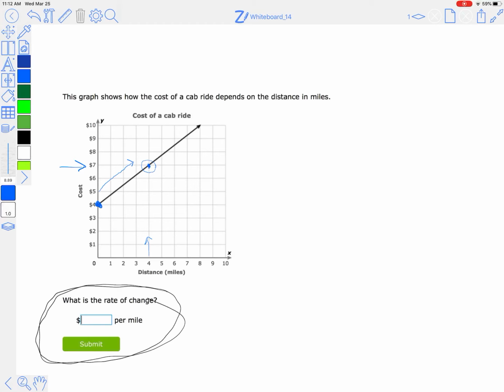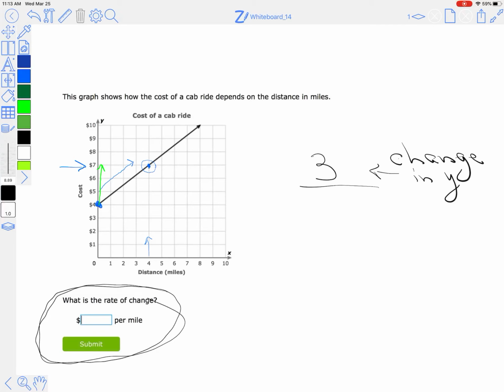Now I got to start to think about how much did they change. This went from $4 up to $7. How much did it change? From 4 to 7, it changed $3. So that's my change in y. I put that on top. Okay, there's my change in y, $3.